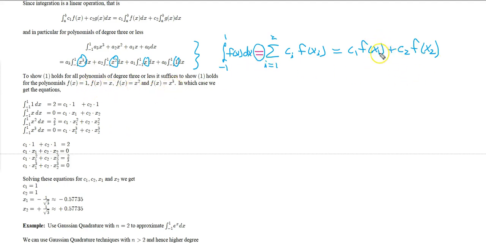If we can find the x1 and x2, c1 and c2 that do that for these four functions, then this equation will also be true for any polynomial like this right here, because we'll be able to just break this definite integral up like this, and if our equation is true for x cubed, x squared, x, and 1 individually, it'll be true for this one as well. So that's what we want to do.